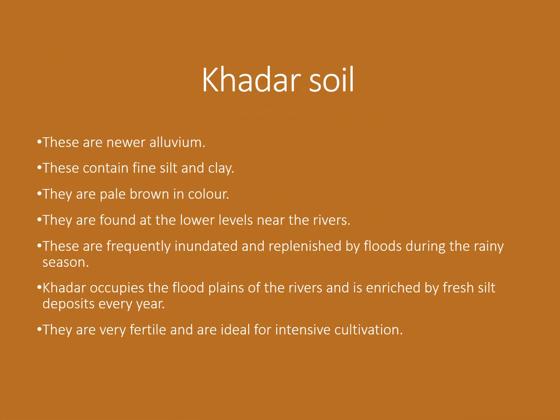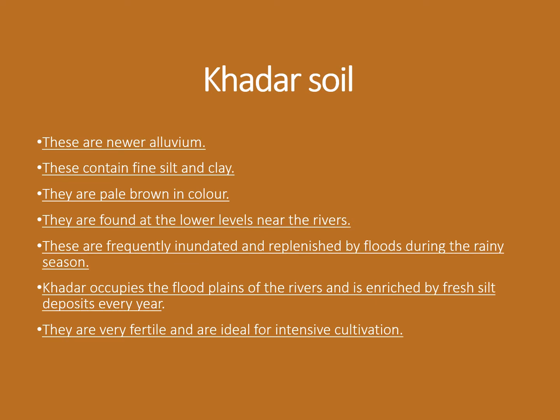Now you may ask, what are the characteristics of Khadar soil? Let's have a look. These are newer alluvium. These contain fine silt and clay. They are pale brown in color. They are found at the lower levels near the rivers.